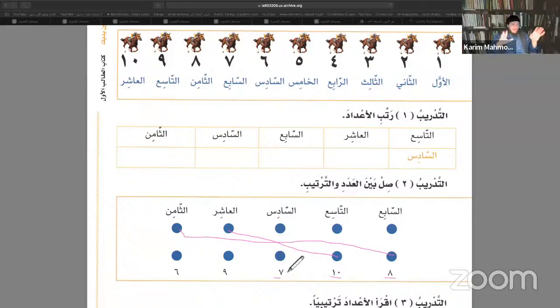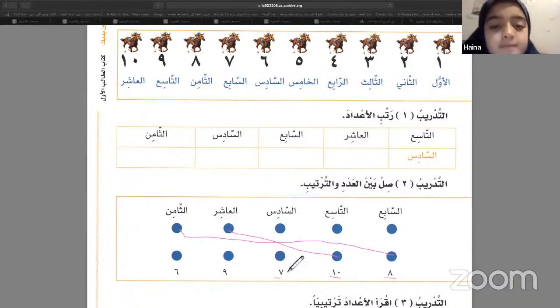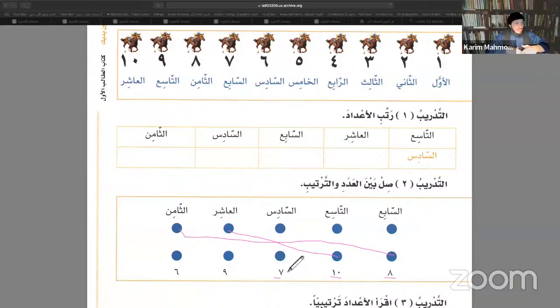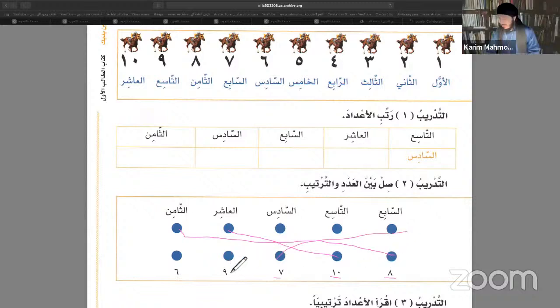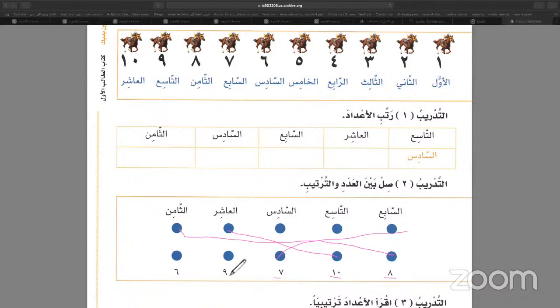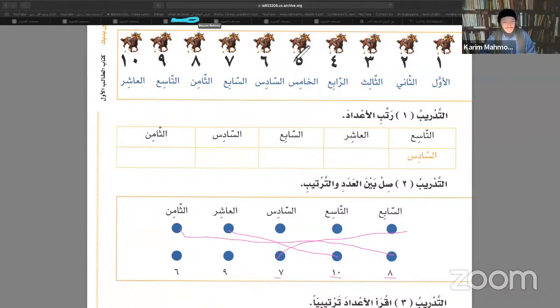This is sab'a. That's the number called sab'a. Now, what is the ranking of the number? السابع. Say it. Awesome. What about this number right here? Somebody help us. That's not sab'a. This is tis'a.